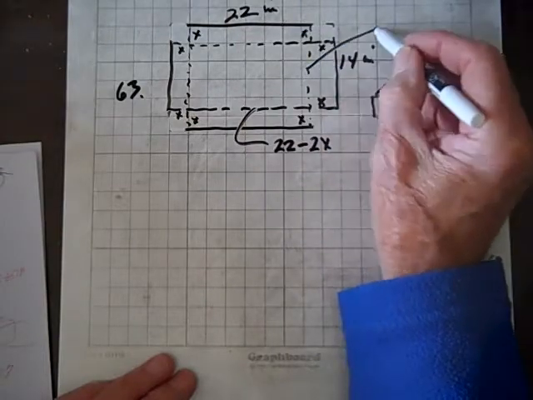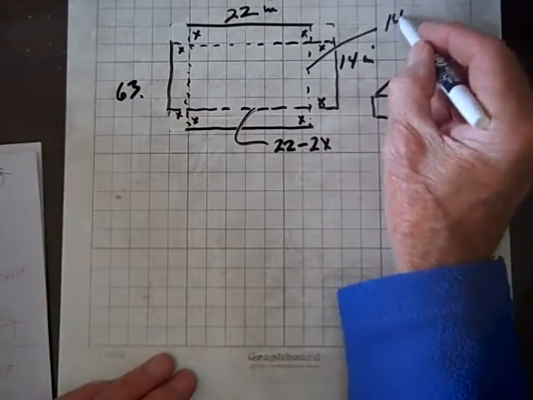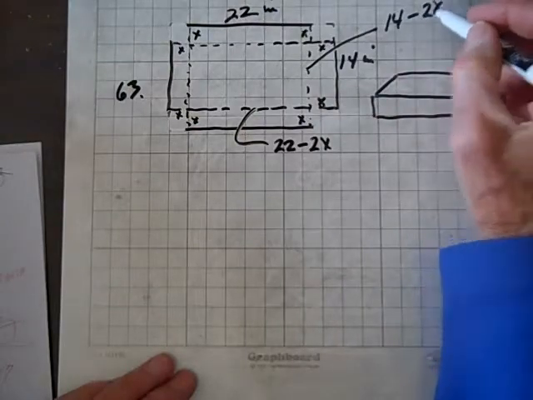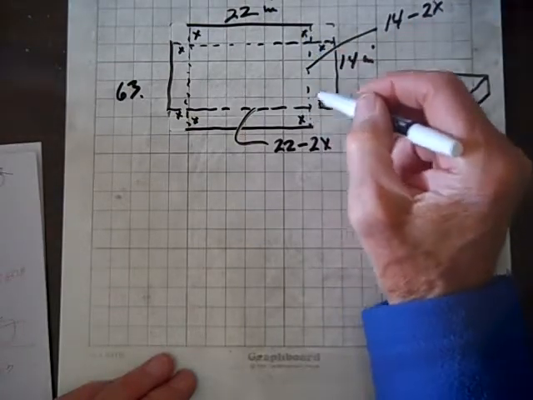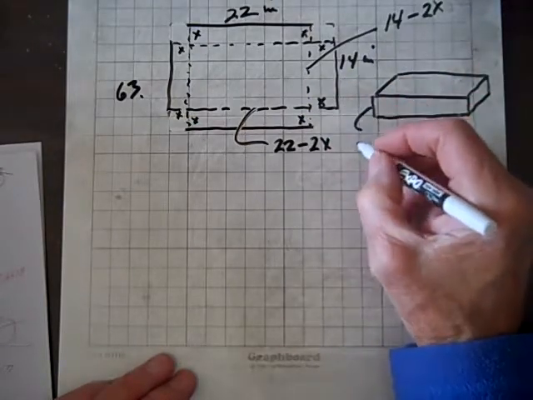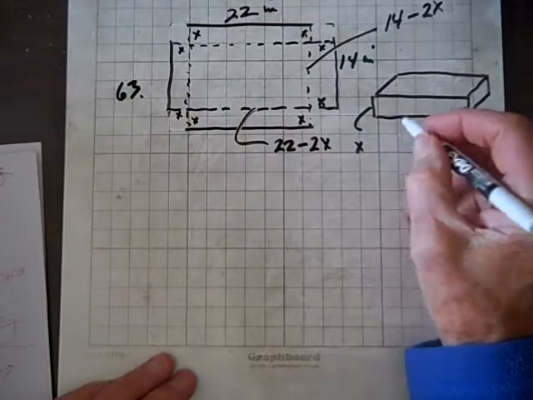And this distance will be 14, and by the same argument, minus 2x. We subtract the distance x and x from both ends. So consequently, the height of the box will be x.